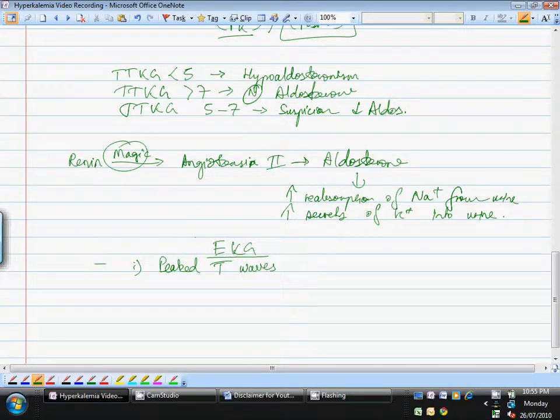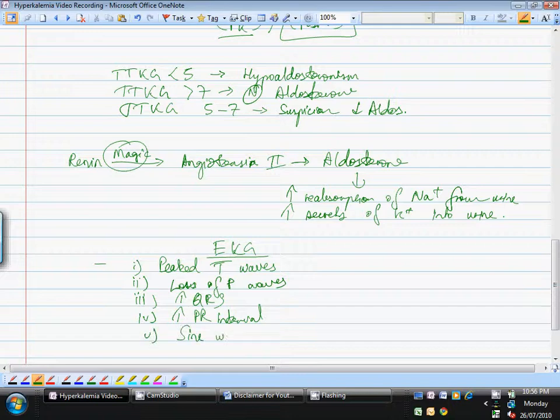You have peaked T waves, you have loss of P waves, then you have a prolongation of the QRS complex, you have prolongation of your PR interval, you have a sine wave pattern developing, and you know this is a bad sign when your patient has a sine wave on an EKG.